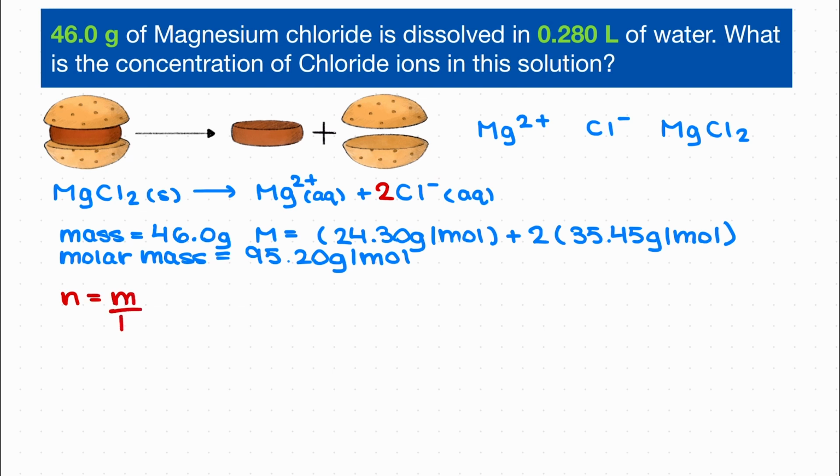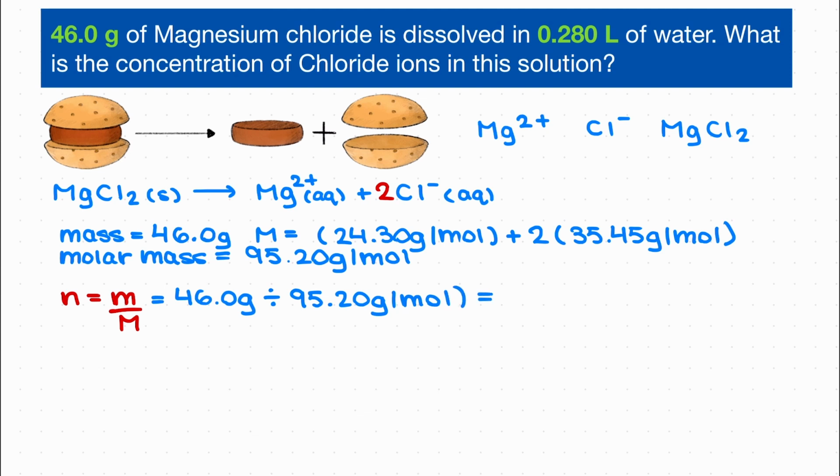All right, now we have our formula from earlier that moles is equal to small m mass over big M molar mass. Here we have small m is 46.0 grams divided by our big M, which is 95.20 grams per mole.